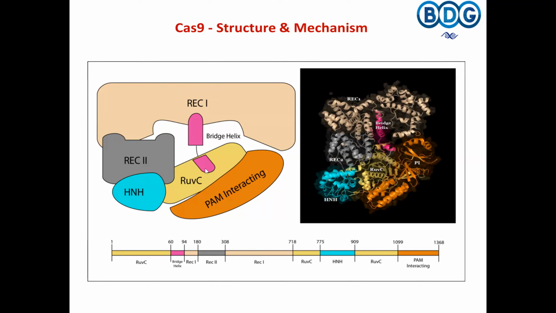It helps to activate the nuclease domains once the guide RNA is successfully annealed with the target DNA. So it acts as a conformational relay to activate the nuclease domains for cleavage.